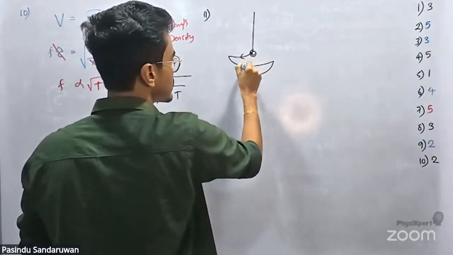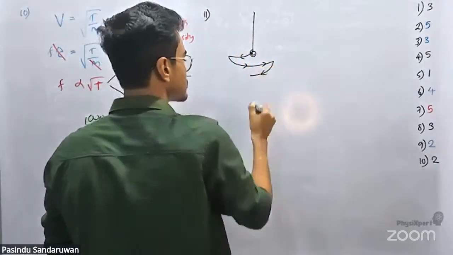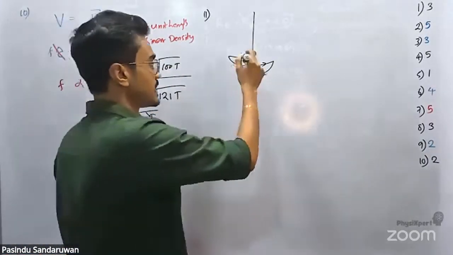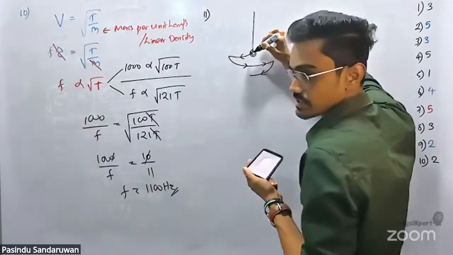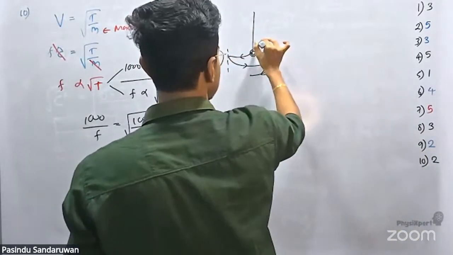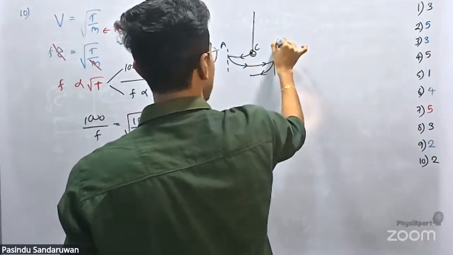So this is one swing of a simple harmonic motion. Displacement starts from the center. This is called the center, and these two points are called the amplitudes.